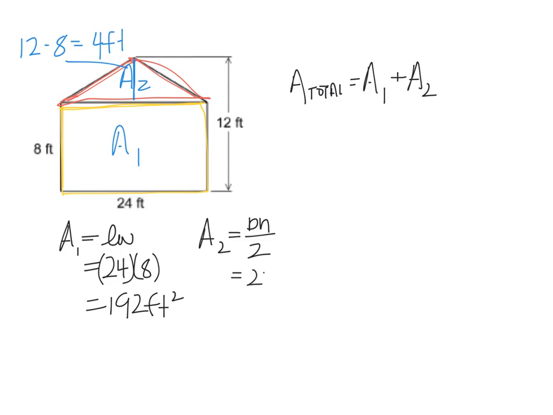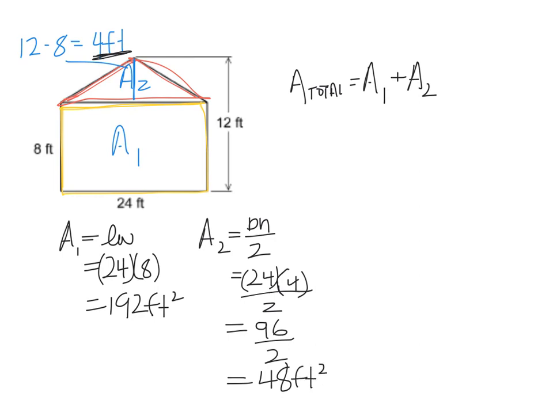So I write 24 times the height we determined here was 4, so 24 times 4 divided by 2, and then 24 times 4 is going to give us 96 over 2. 96 divided by 2 is going to give us 48, and so this is 48 feet squared.